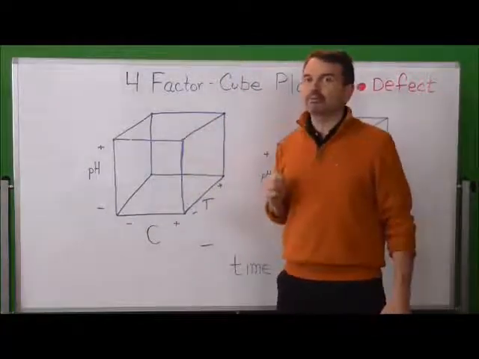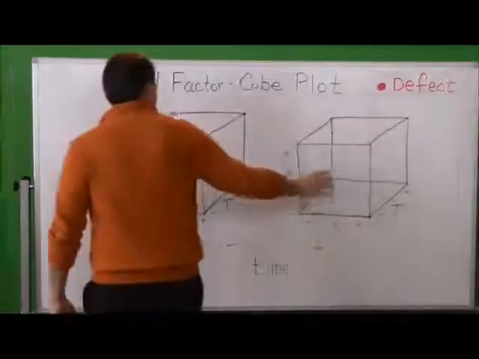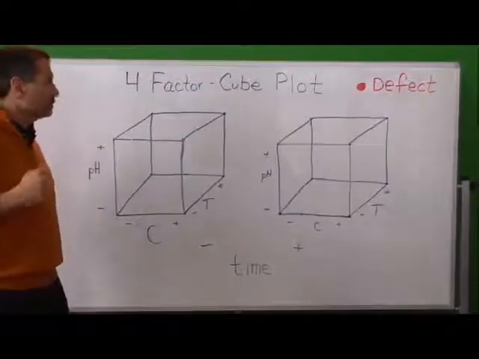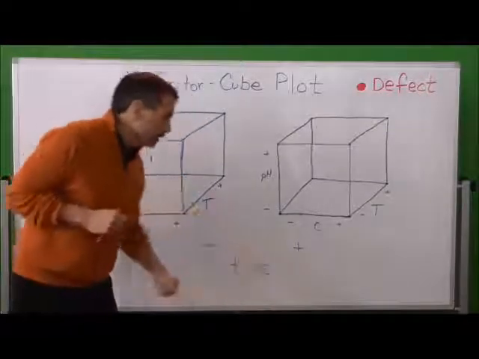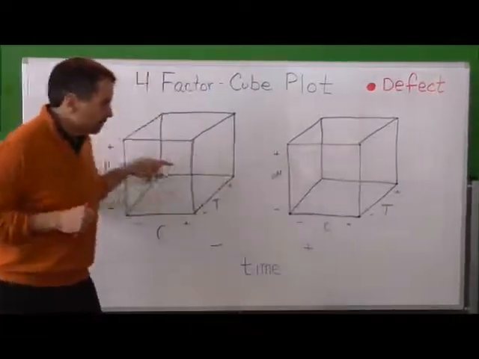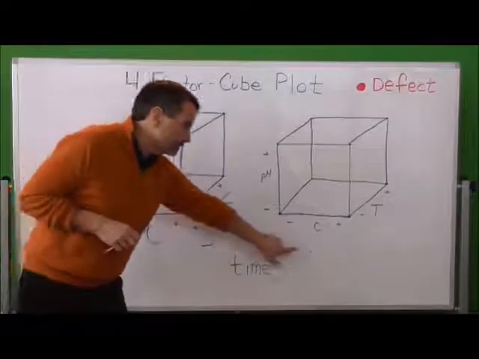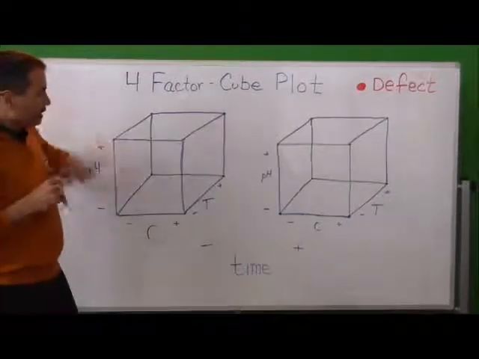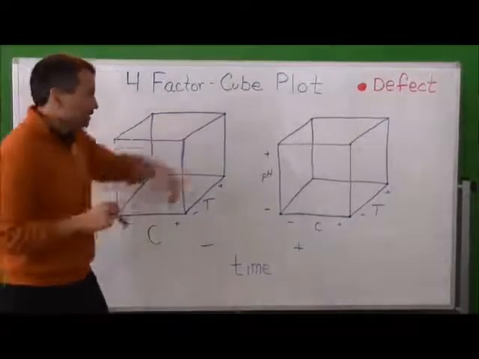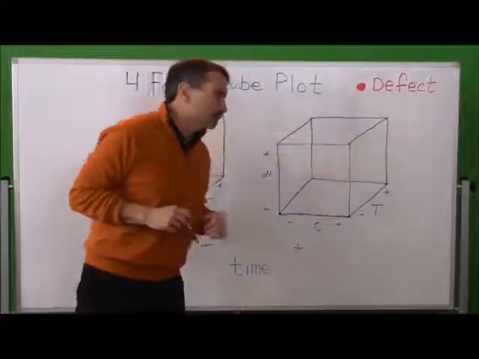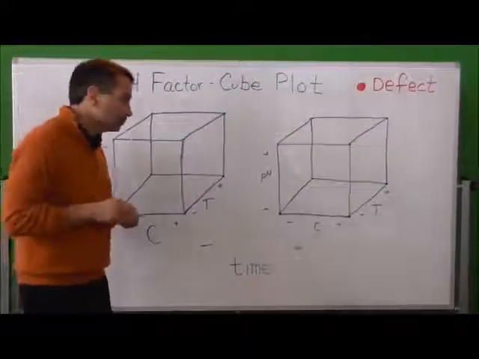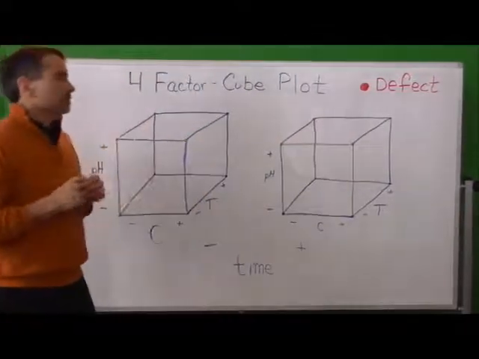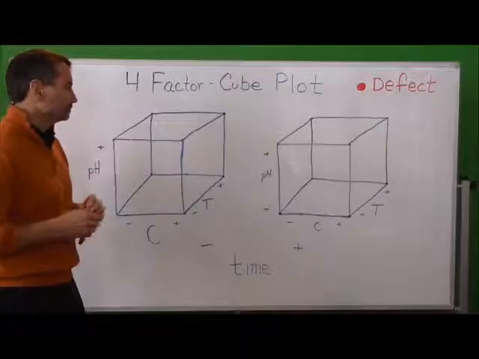When we add the 4th variable onto it, we are looking at a 2nd cube added onto the view of it. When we do that, the time is now going to be the other factor. We go from a time negative to a time positive. Time negative is over here, and time positive is the additional cube on the right-hand side. With this, every corner of each one of the cubes is represented by one of the runs.